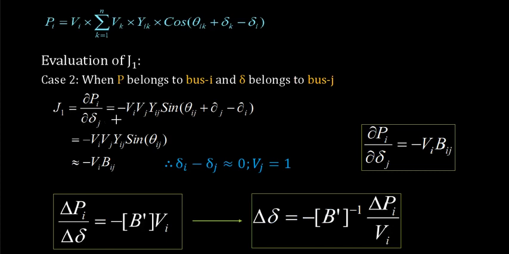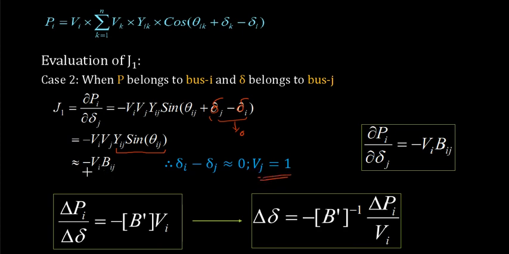So here also the first term will be cancelled out and the second term will be minus Vi Vj Yij sin theta ij plus delta J minus delta I. So here this delta I minus delta J can be taken equal to 0 because the difference between angles is very small, and Yij theta ij can be taken as equal to Bij, and the magnitude of Vj is almost equal to 1.